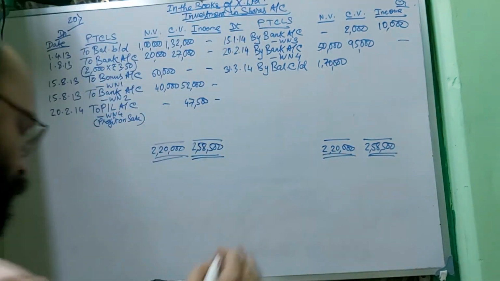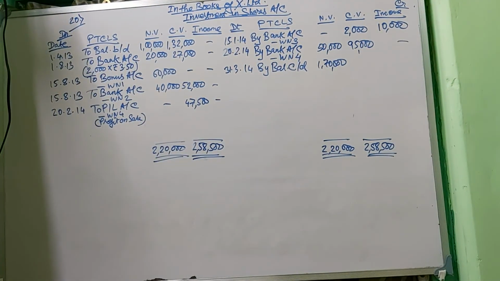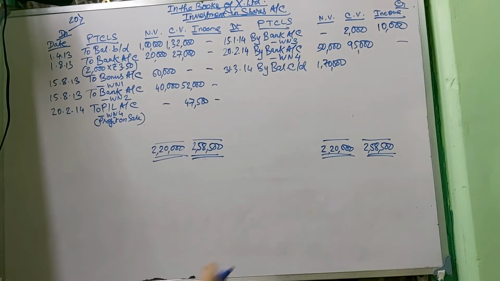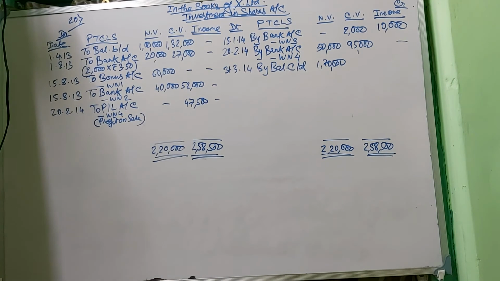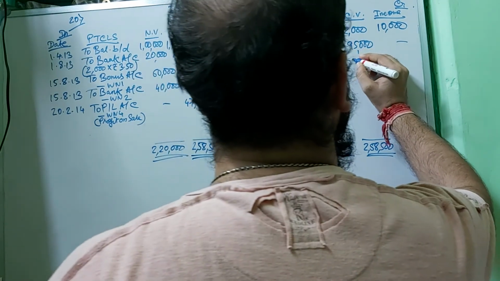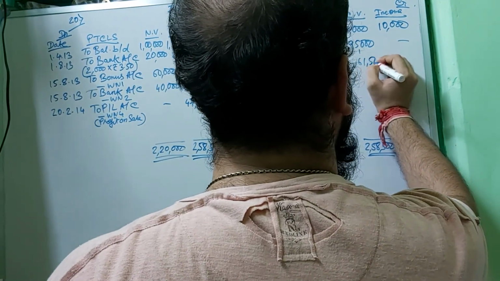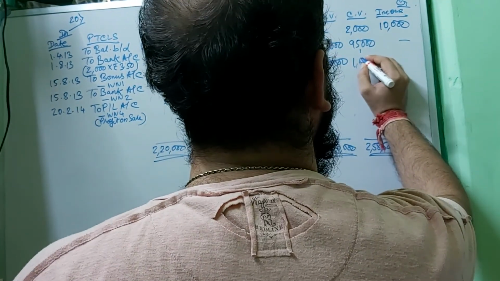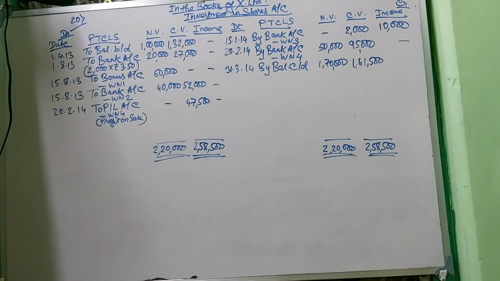If you deduct 97,000, you will get the balancing figure as your closing balance. Let me minus it: 2,58,500 minus 97,000 is 1,61,500. Sorry for that.